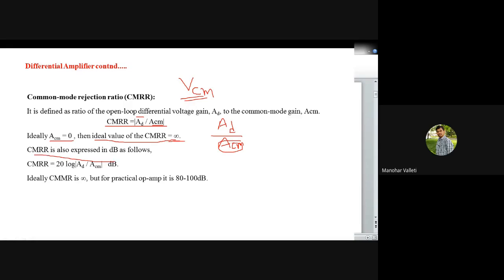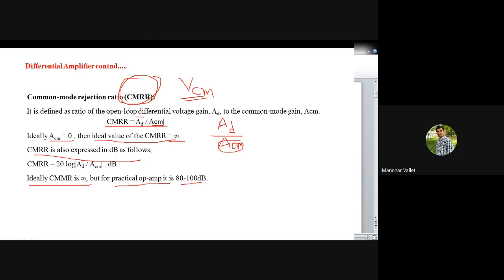CMRR is represented in decibels. As we are seeing, all these gains are voltage gains, so CMRR equals 20 log AD by ACM. The ideal value of CMRR is infinity, but the practical value of CMRR is from 80 to 100 dB. This is about CMRR, a very, very important parameter of the operational amplifier.